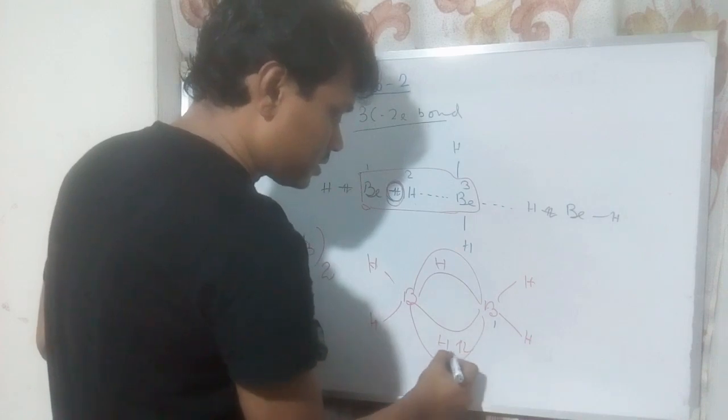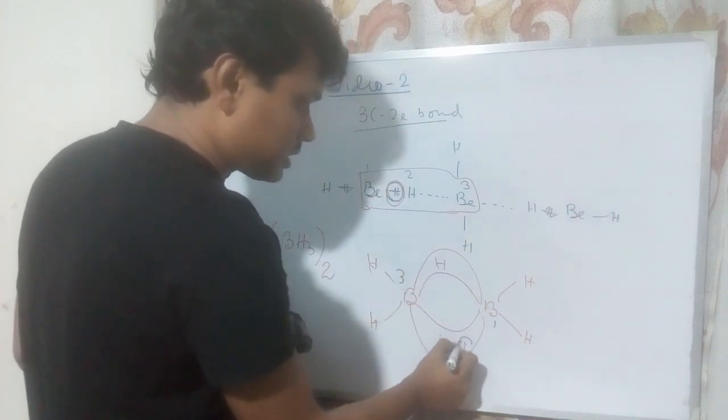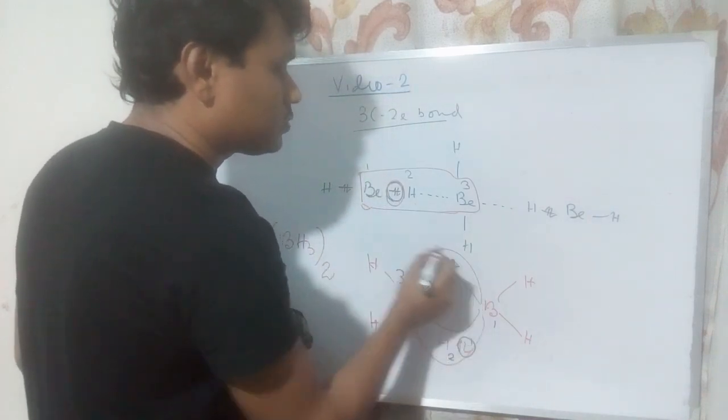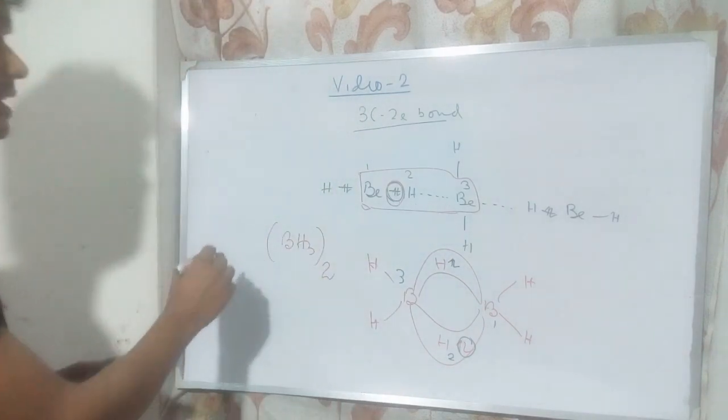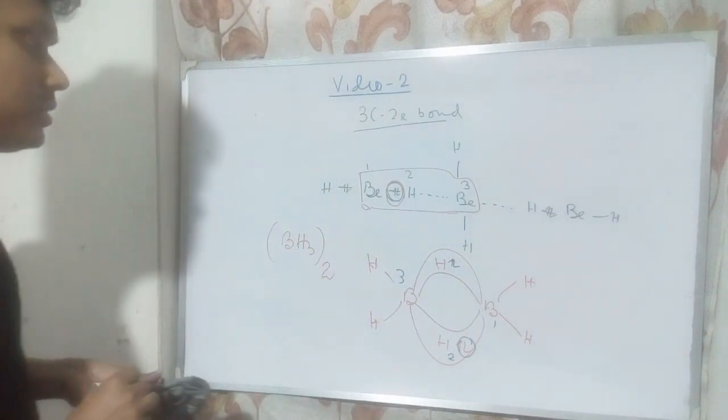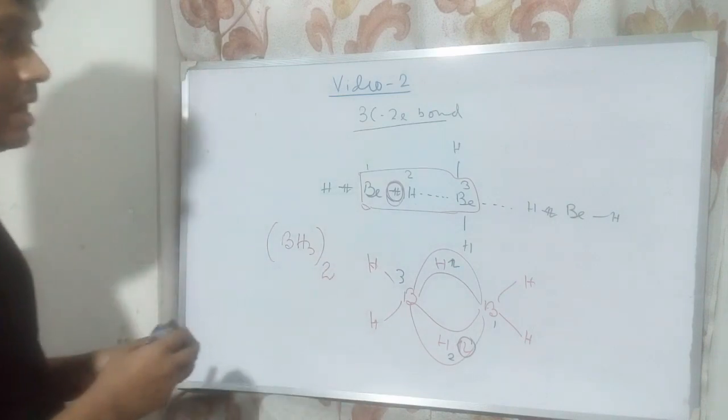Center 1, center 2, center 3, and electrons are 2. So 3 center 2 electron bond. That is the reason that BeH2 remains in dimeric state.